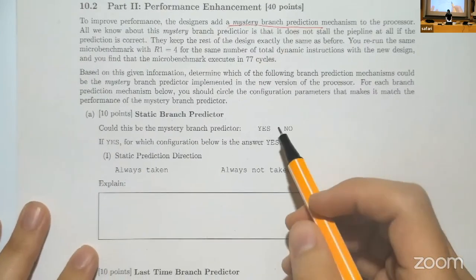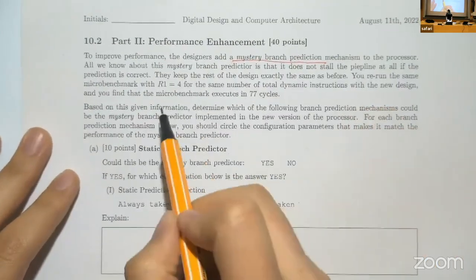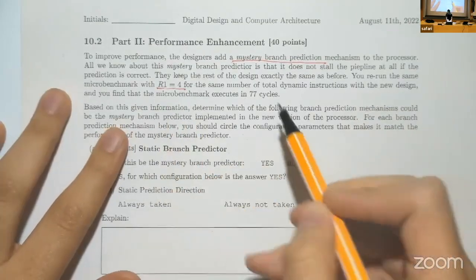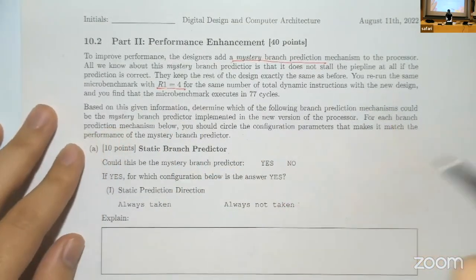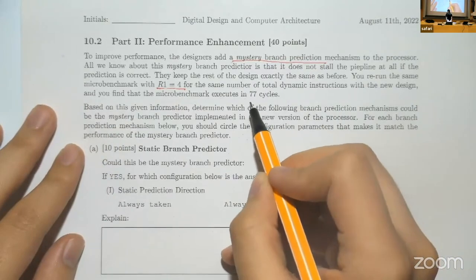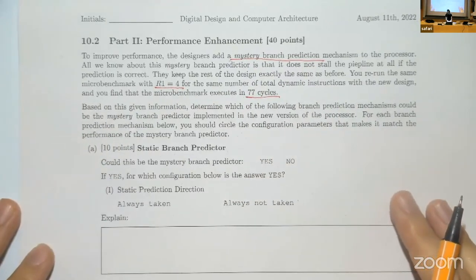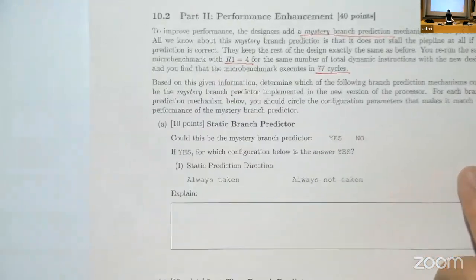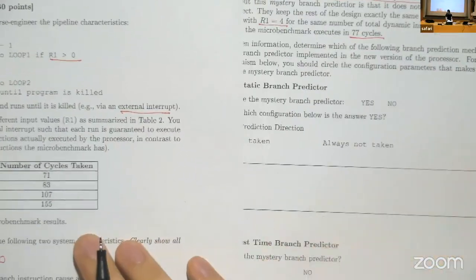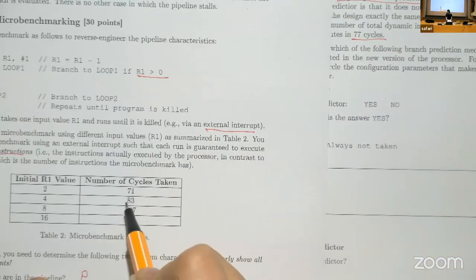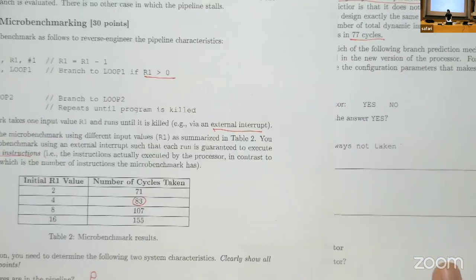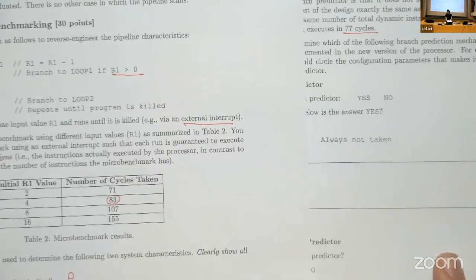And in here, for R1 equals 4, we know that with this new design, the program executes in 77 cycles. And to compare it to this, here we know that it took 83 cycles.